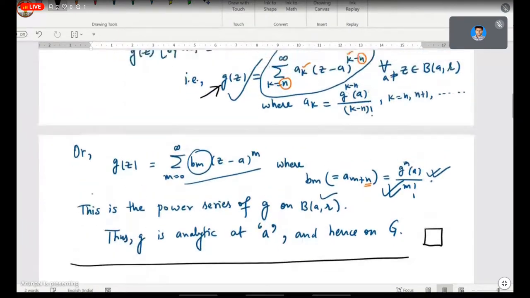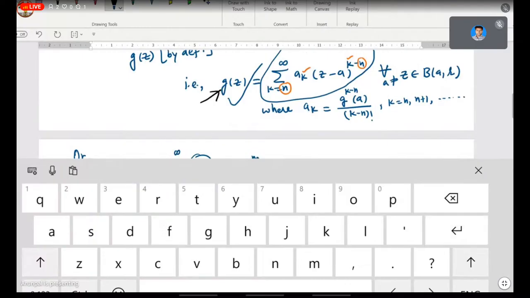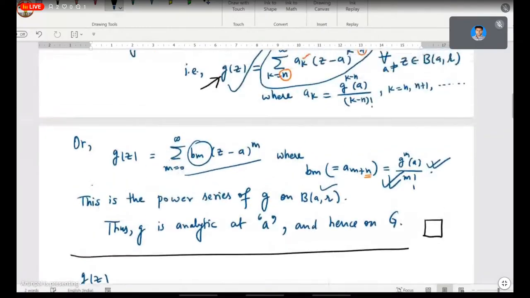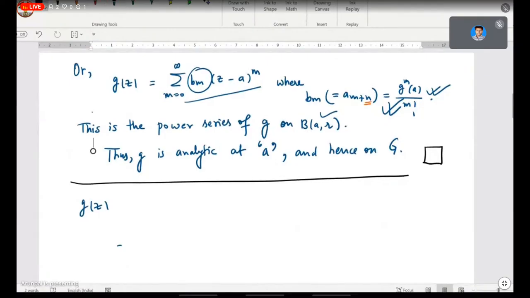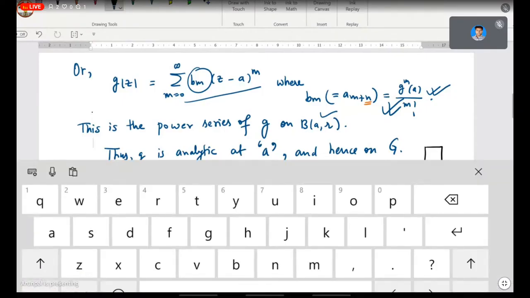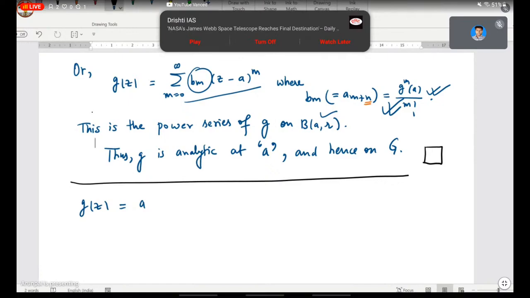So you write this. According to this, what will g(z) be, class? g(z) will be equal to, you start from k equal to n, so it will be a_n plus, if you remember, okay, class.